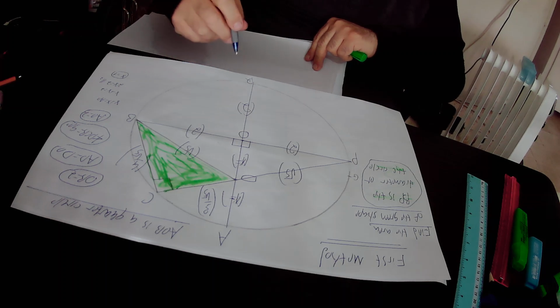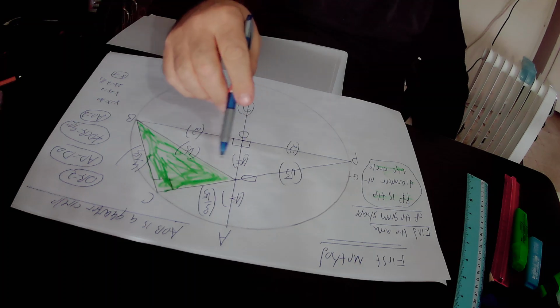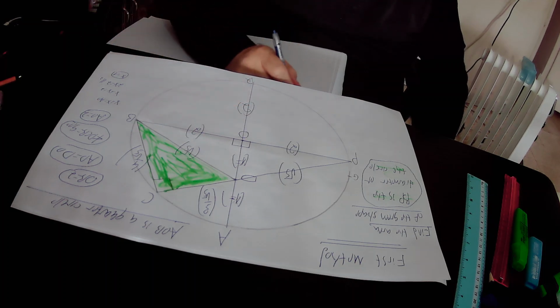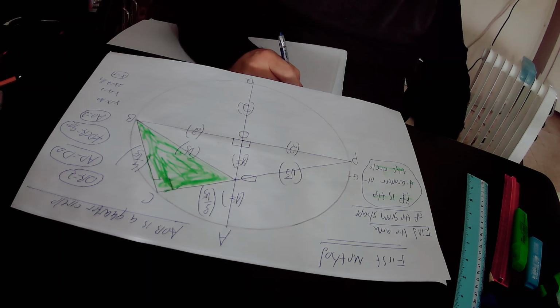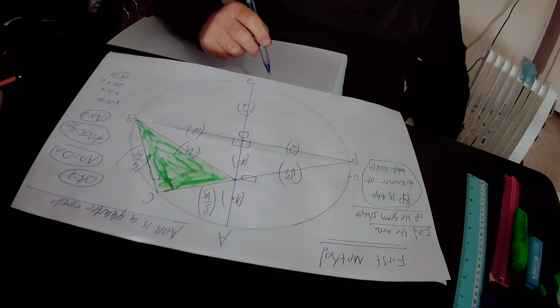Our mission is to find the area of this green shape. This green shape is actually the right green triangle DCB. So the area of the green shape is equal to the area of this green right triangle DCB.